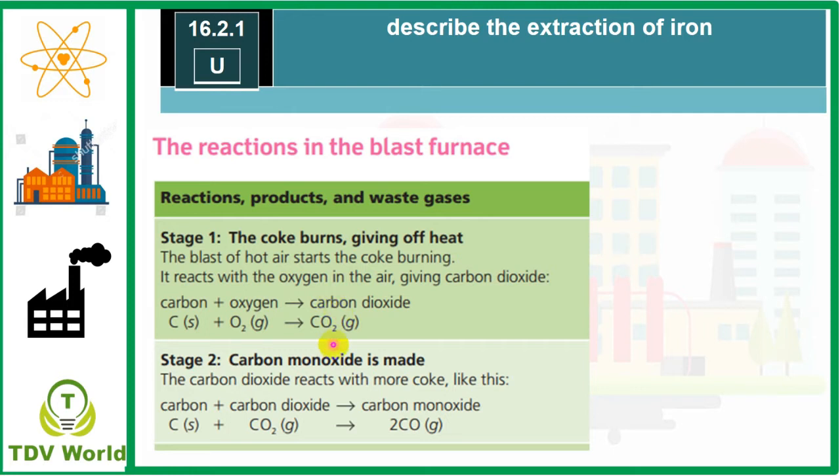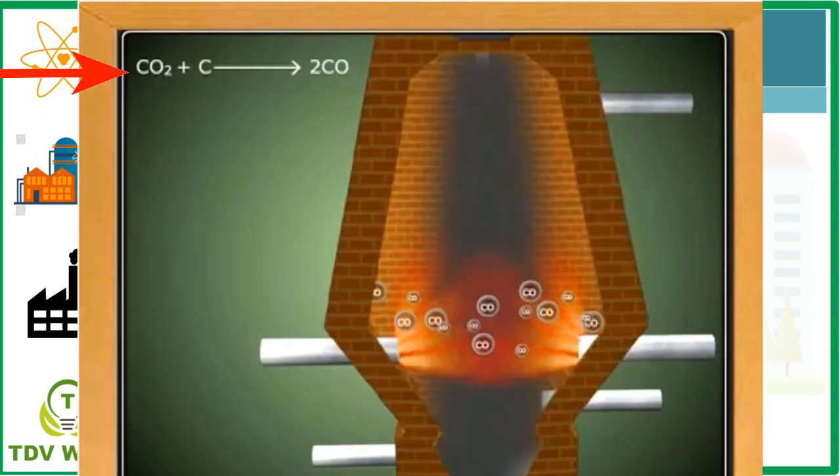So as a result, carbon monoxide will be formed. So you have carbon and carbon dioxide, which you already have in the blast furnace as a result of stage 1. So carbon dioxide and carbon will react, and you get carbon monoxide.